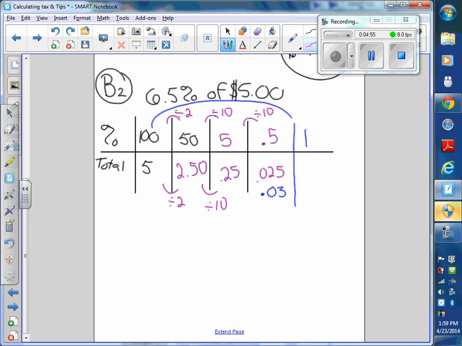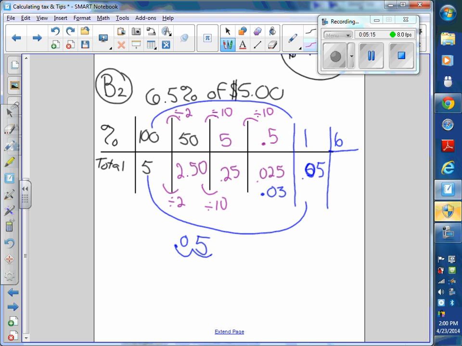So if I divide by 100, how many times does the decimal move on 5? 1, 2, right? So this is 5 cents. Oops. So this one was harder.